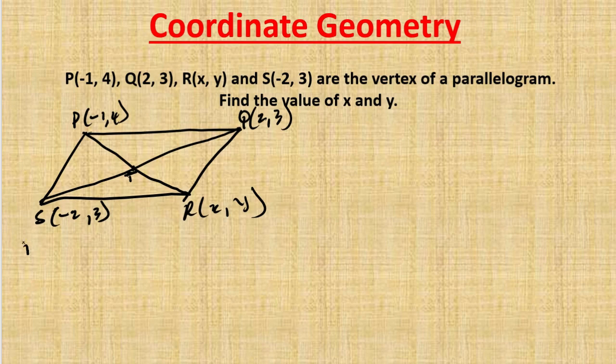We're saying that point T, having coordinates x and y, is such that SQ over 2 will be equal to PR over 2.